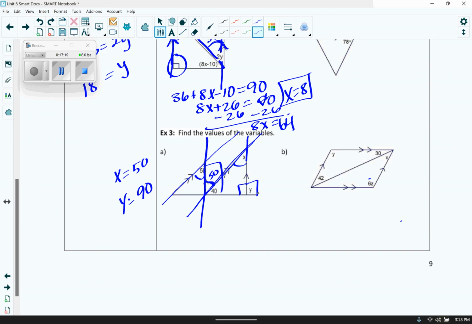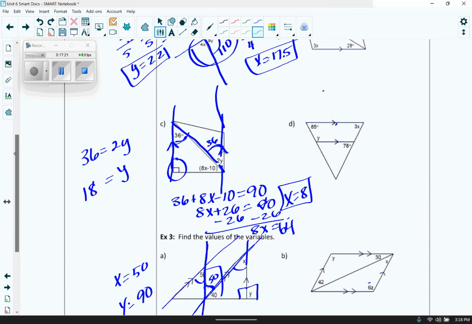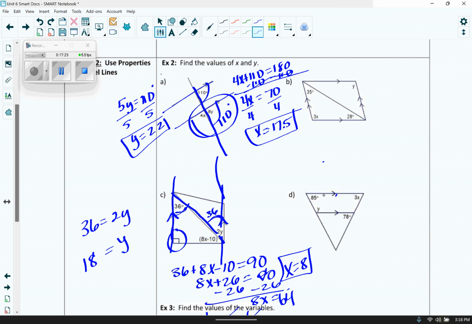All right. Let's look at some of these others. Oh, here I kind of have a weird F because here's my two lines and there's my transversal. So I know that this is congruent to this. But I could also say, wait, this is actually like a C. So I know 85 plus y is going to equal 180 and solve it.